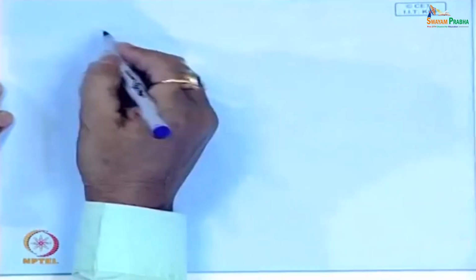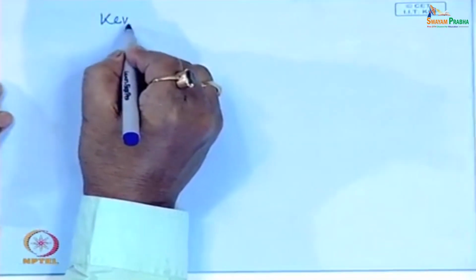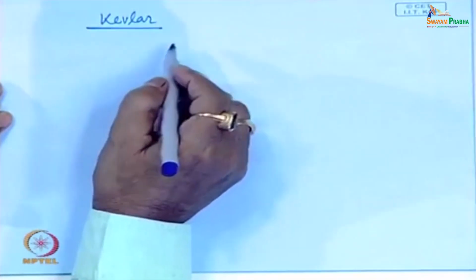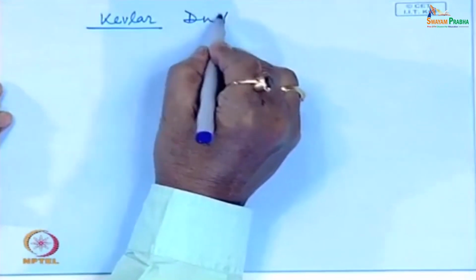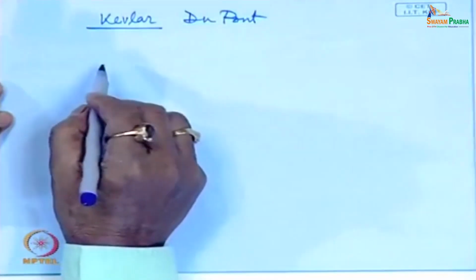One example I give you, that is Kevlar, used for making bulletproof jackets. It is a product of DuPont. What is Kevlar?